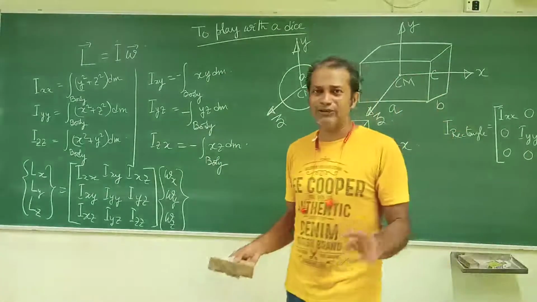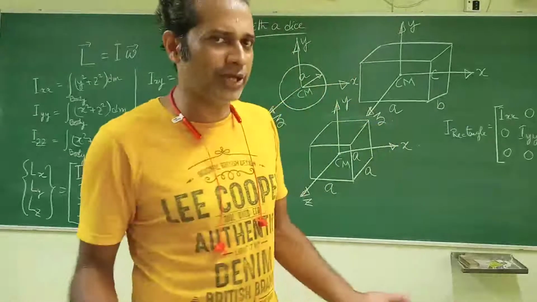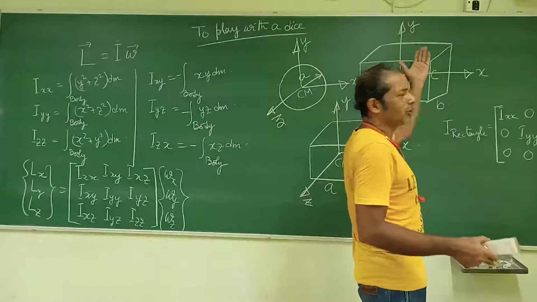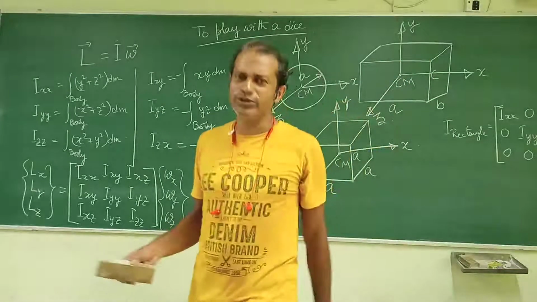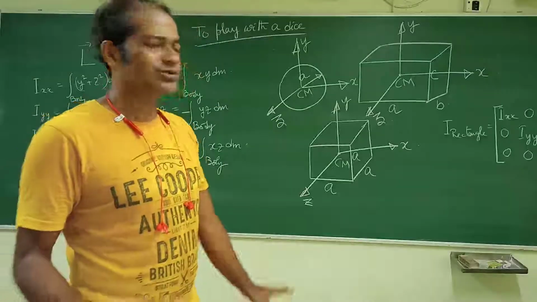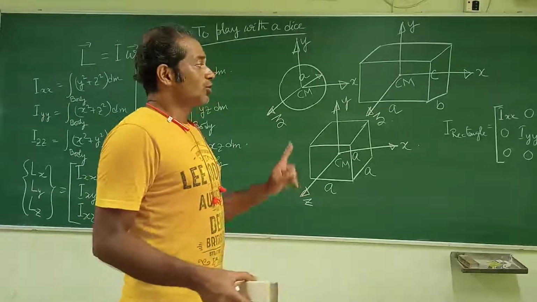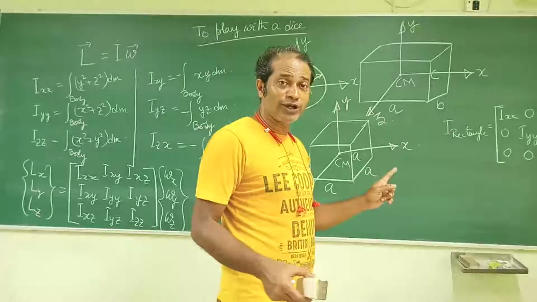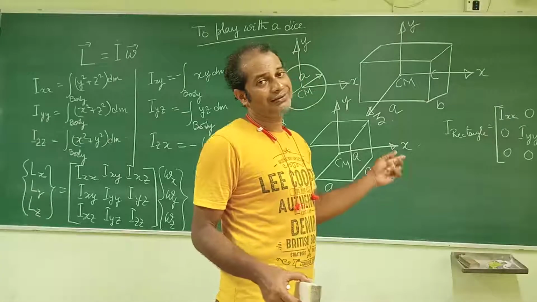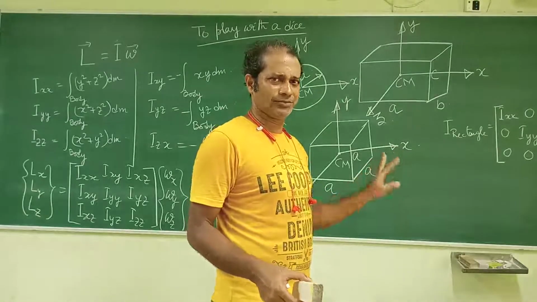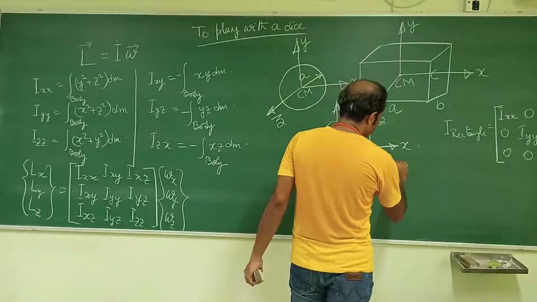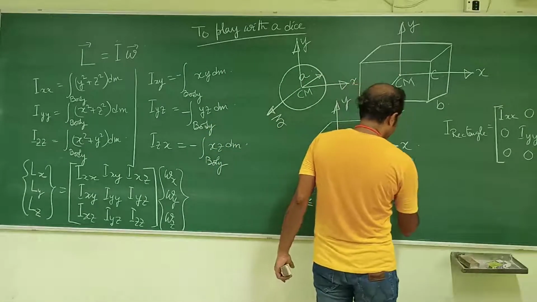Those calculations you can do with respect to a, b, c from any engineering data book, right? So, that is not the issue at all. What we are getting is Ixx is not equal to Iyy, and two of them could be the same. There is no problem.